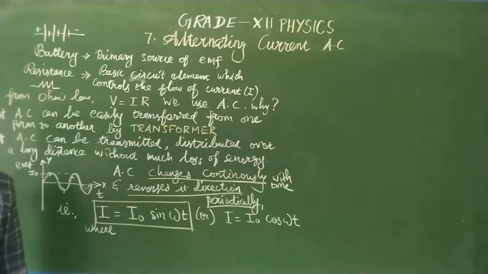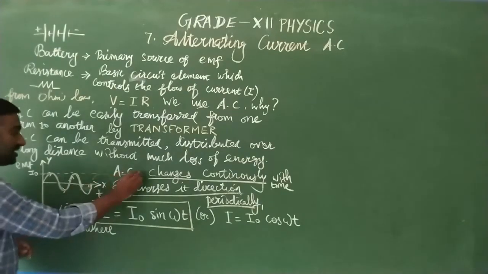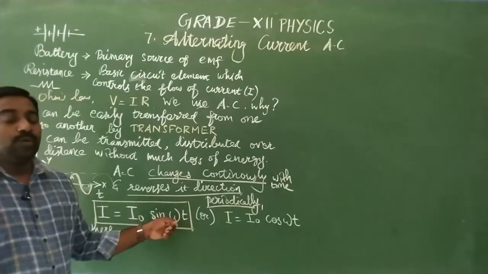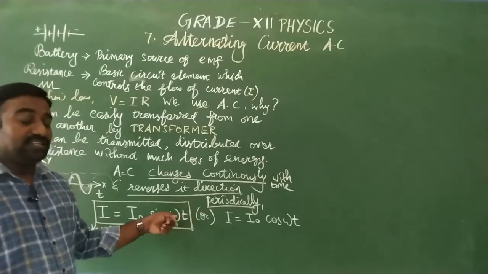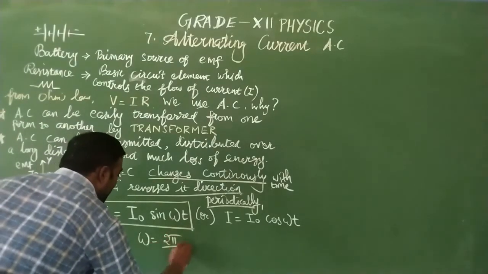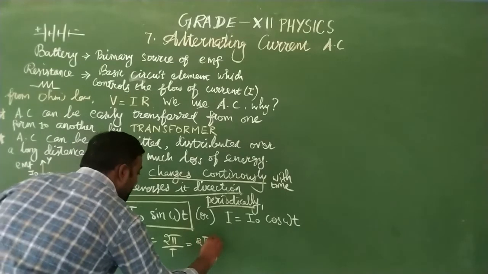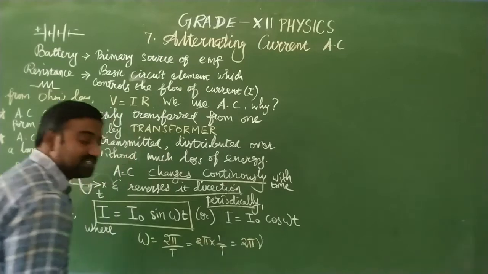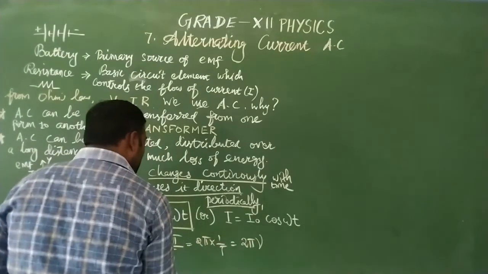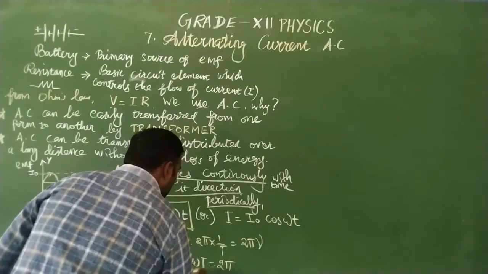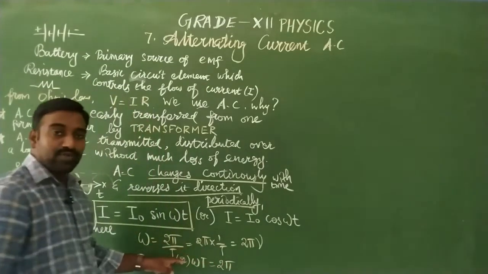I naught is the maximum current, and omega is the angular velocity, omega is equal to 2 pi by T. So omega is angular displacement by time, that is 2 pi into 1 by T. One reciprocal of time is frequency, so omega is 2 pi nu, or omega T is equal to 2 pi. In later cases we are going to use this.